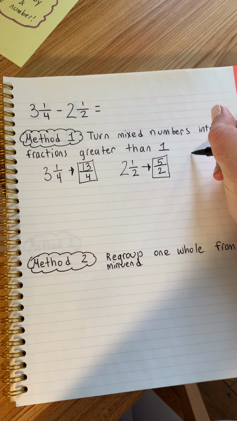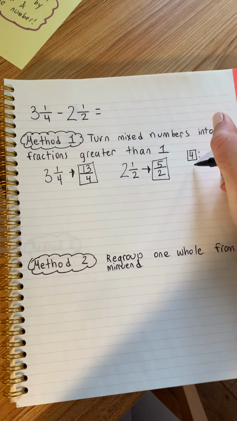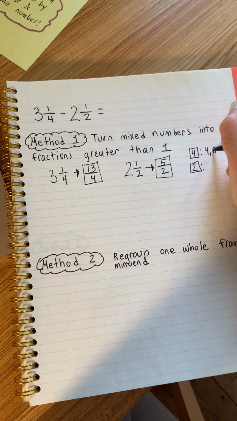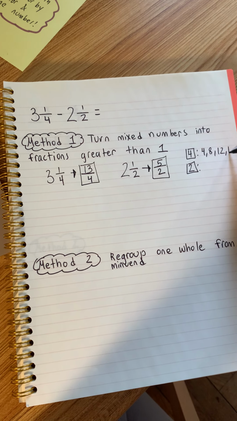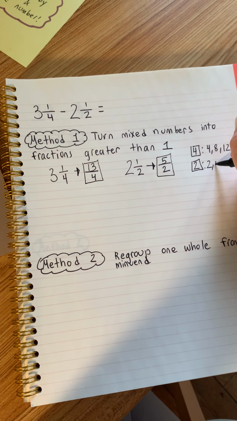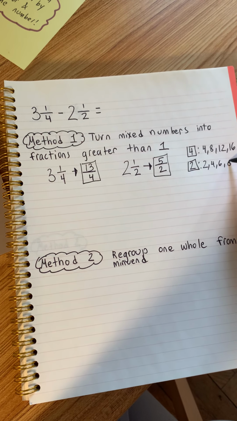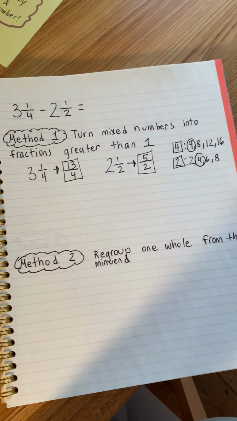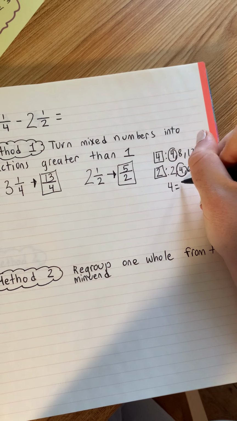So I'm going to find a common denominator with 4 and 2. Let's skip count. 4, 8, 12, 16, 2, 4, 6, 8. And I can see that 4 is the least common denominator.